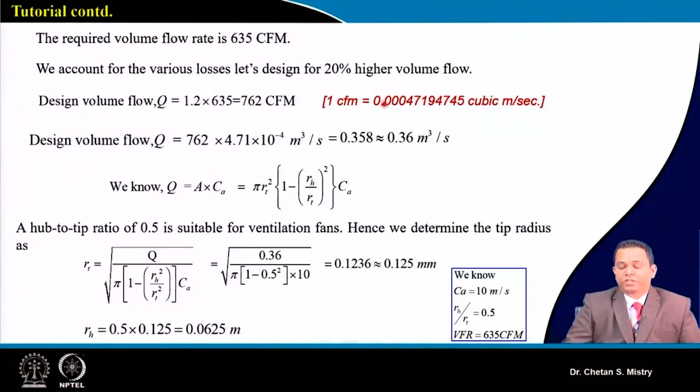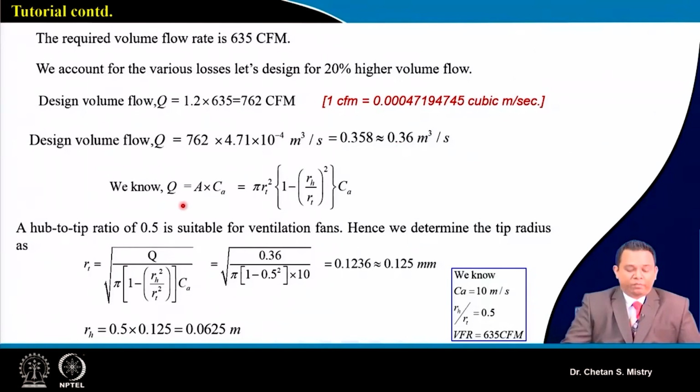The conversion from CFM to meter cube per second gives my volumetric flow rate as 0.36 meter cube per second. If I multiply that with density, it gives me kg per second. You can imagine this mass flow rate is on the lower side.